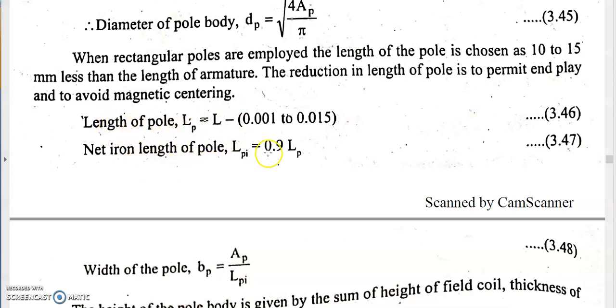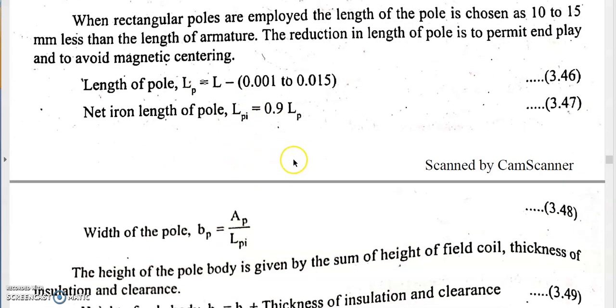The net length of the pole is 90% of the length of the pole, because the length of the armature includes the thickness of insulation. Excluding the thickness of insulation gives the net length, so LPI is the net length of the pole we are calculating.